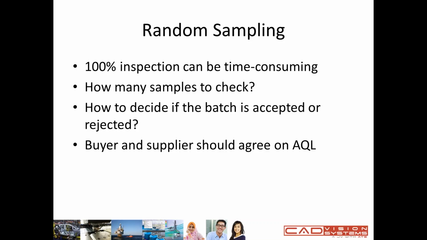We had better know that, because if we do 100% inspection, it will be time consuming. It eats up a lot of time. But if you don't inspect 100%, you don't know how many samples to check. Then how do we know the batch is accepted or rejected based on the sample you took out?